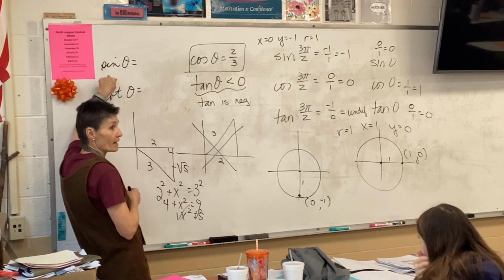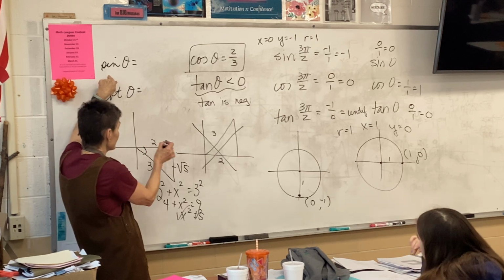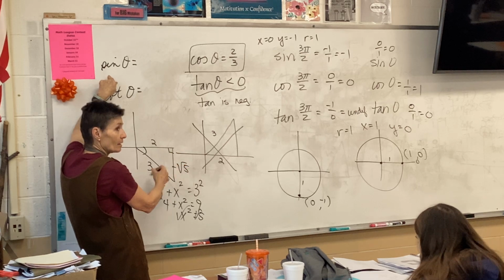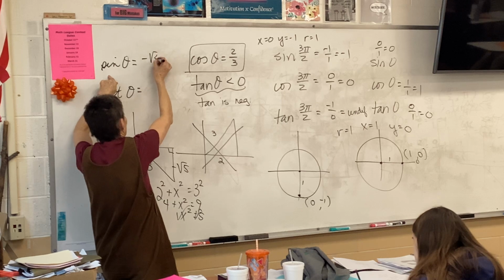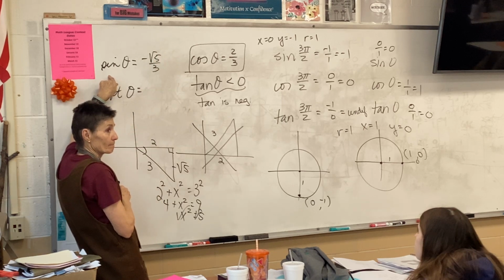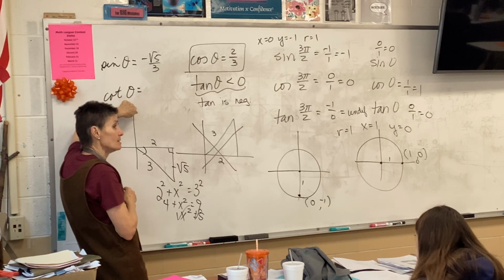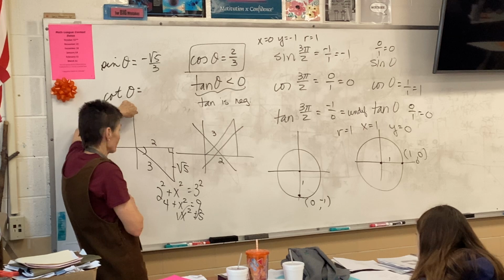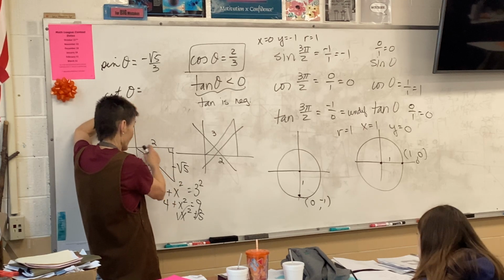Now I need the sine. Here's your angle. Sine is opposite over hypotenuse. So the sine is negative root 5 over 3. What's the cotangent? Cotangent is adjacent over opposite, or x over y.